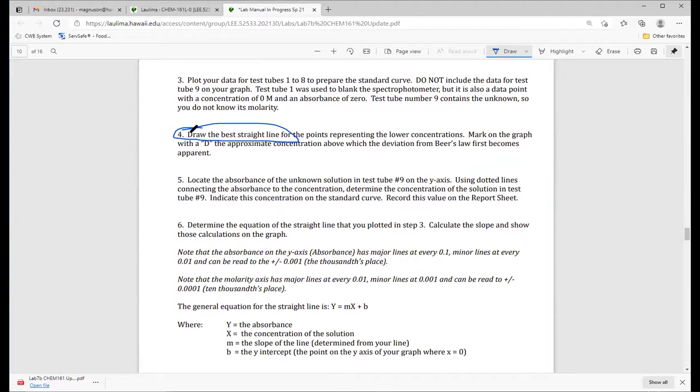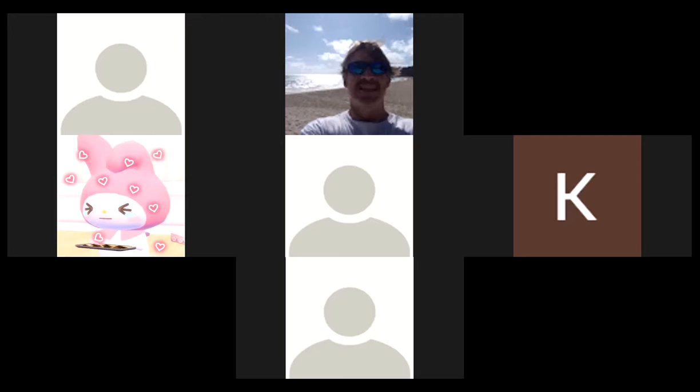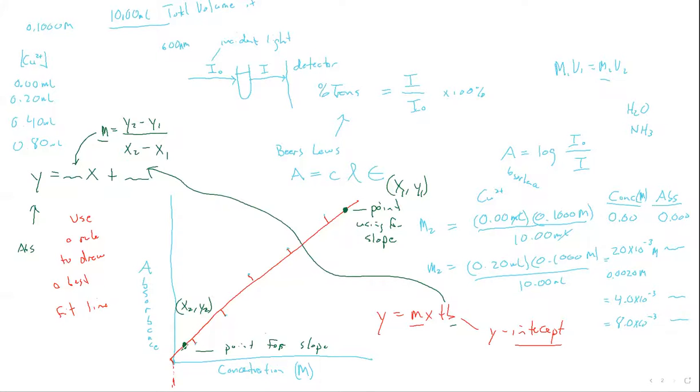that represents, I kind of went over, sometimes at higher concentrations, Beer's law falls off. So at higher concentrations, Beer's law doesn't hold so well. And so you might find from your graph, like you're plotting your data points, and you might say, oh, these points down here, like the first 5 points, they look pretty linear, but after the 6th and 7th point, it doesn't look so linear anymore.